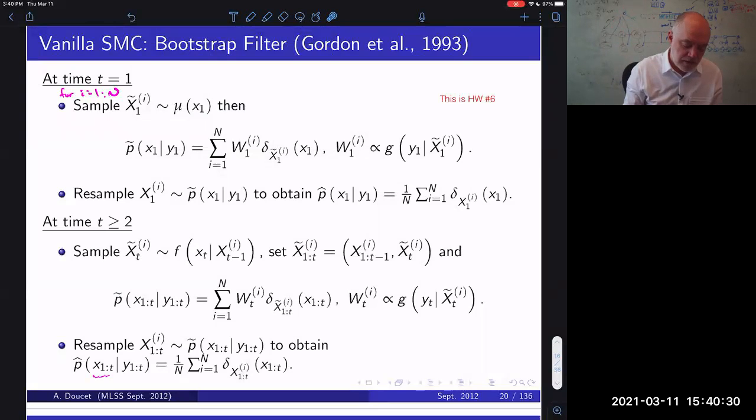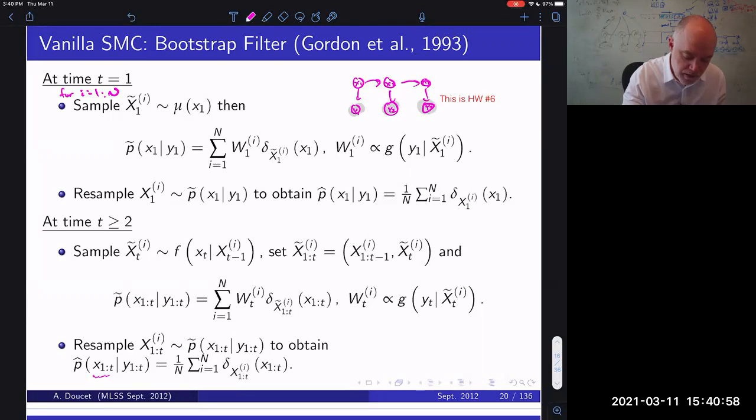And then set our estimate of the posterior distribution of x1 given y1. And remember that we're in this state space modeling context where we've got x1, x2, x3, y1, y2, y3, like so, and these are observed.